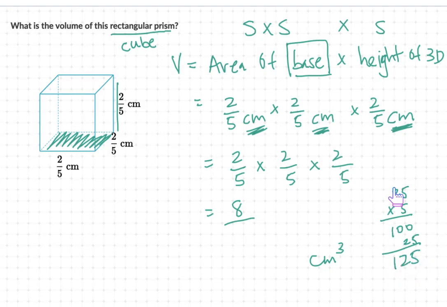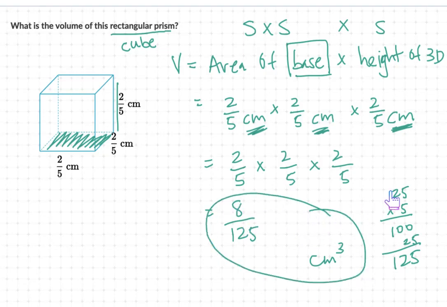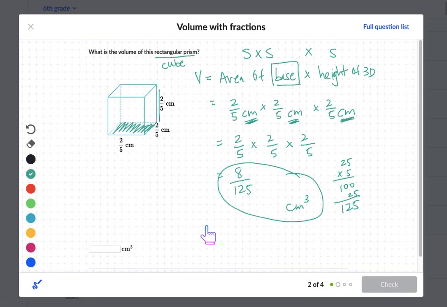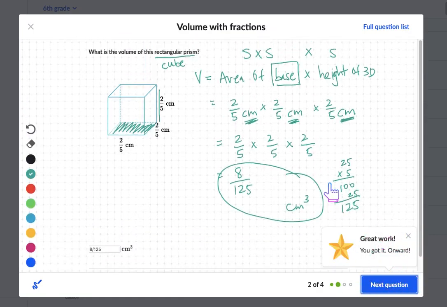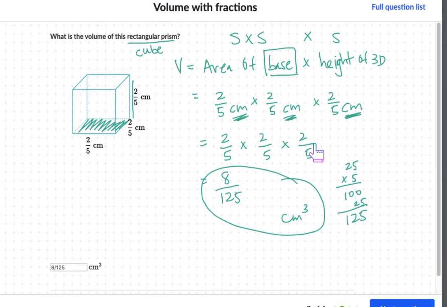So it would be $1.25 for 25 times 5. So 125. Let's see. I can't reduce that any further, so that looks like that's our answer. 8/125ths. And that's the answer. So that's as difficult as these problems get.